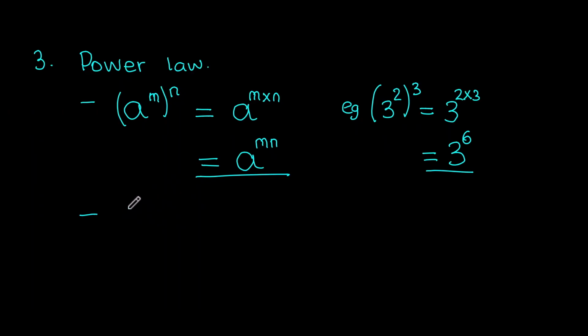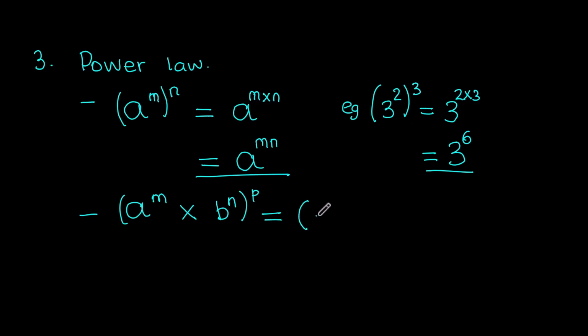Now the next one here is if we have two numbers with different bases, a to the power of m, and this is multiplied by b to the power of n, and again this is to another index p, then this can be treated the same as distributing p to each of these numbers.